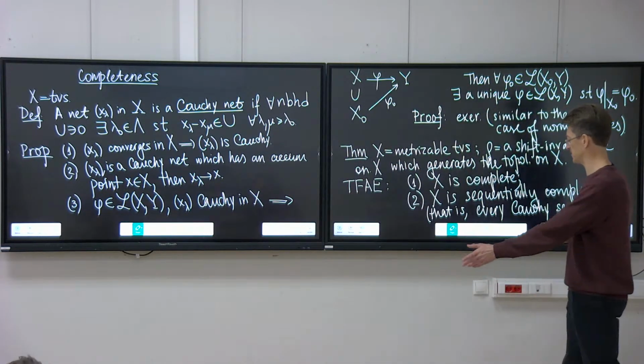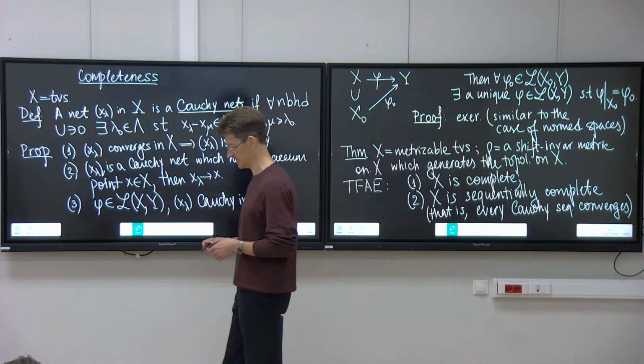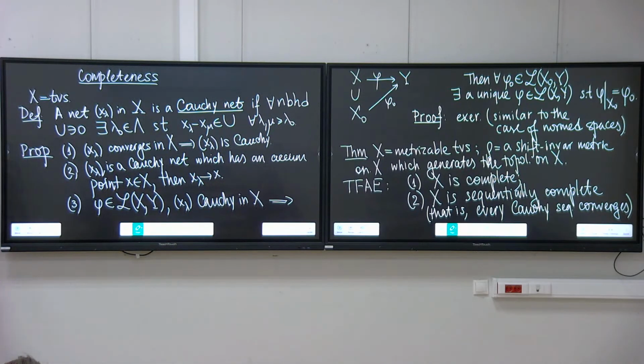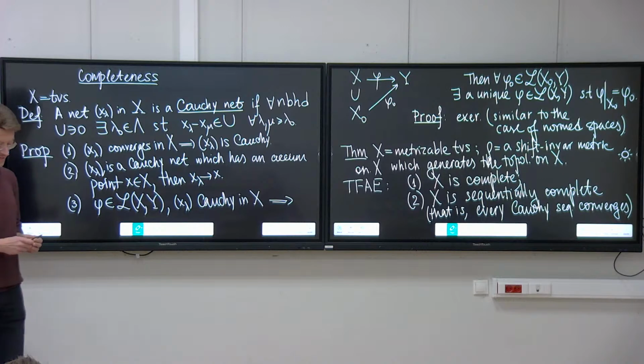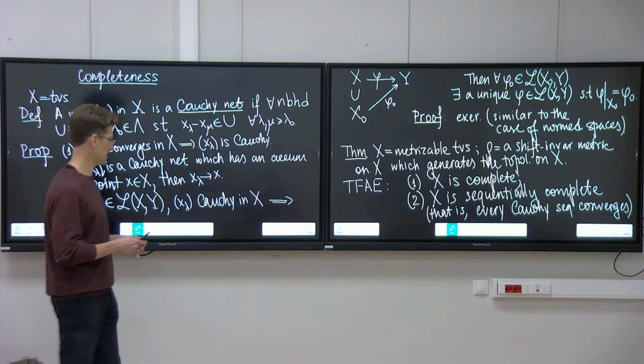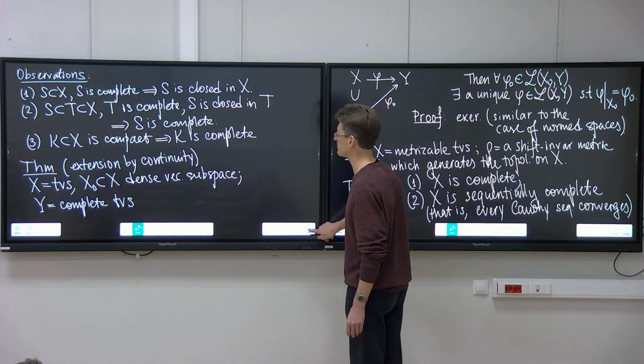This is a rather standard argument, which is more or less the same as when you prove that in a metric space, if you have a Cauchy sequence which has a convergent subsequence, then the initial sequence also converges to the same limit. Here we work with nets, but the situation is very similar.